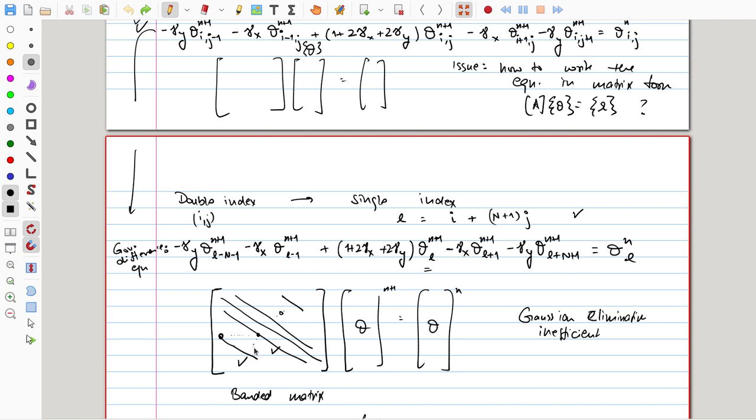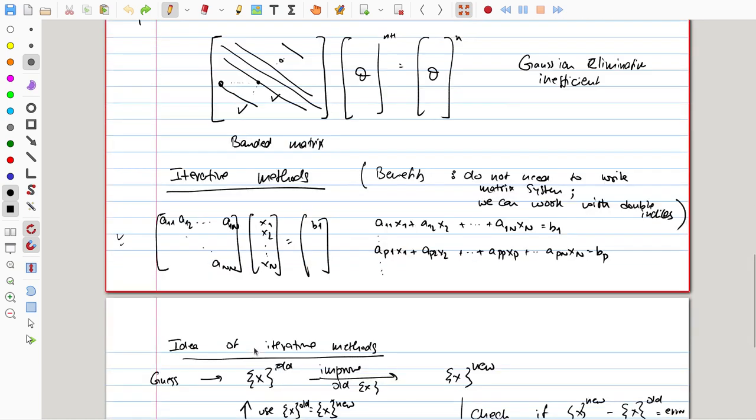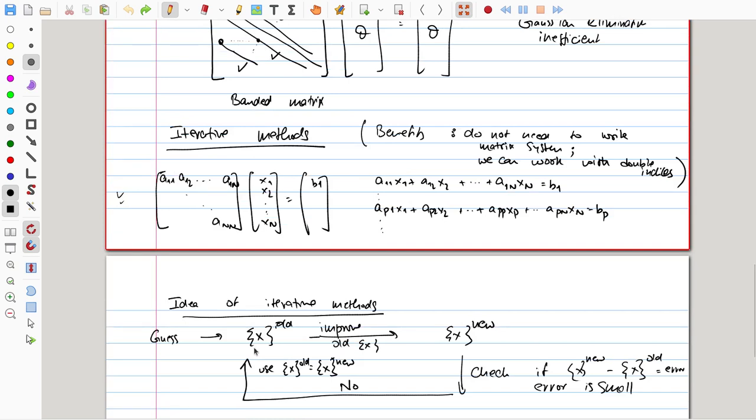So that will result in a dense matrix coming from a sparse matrix. Because of the calculations you have to do to convert those zero terms to non-zeros, the Gaussian elimination method becomes expensive, right?